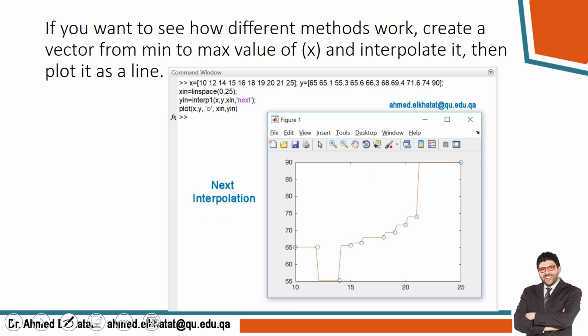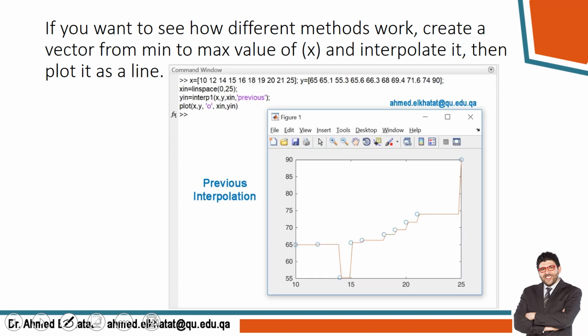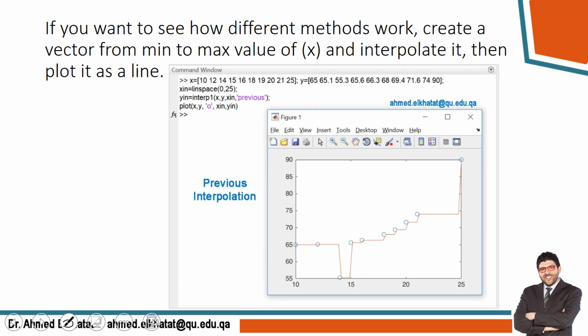Also for the next interpolation and previous interpolation. As you now see, we have different methods, and each one has its own figure, its own way to plot the interpolation and to find the results.